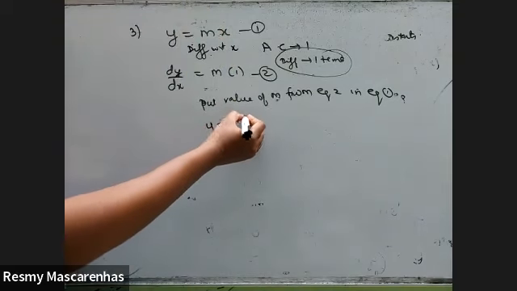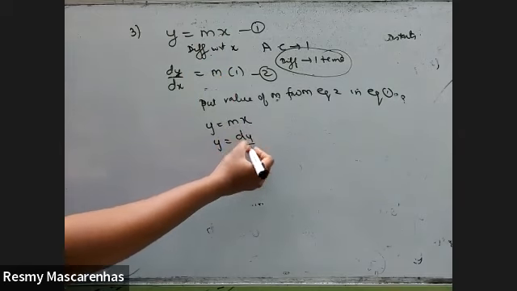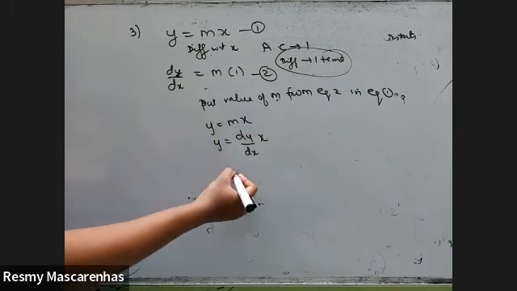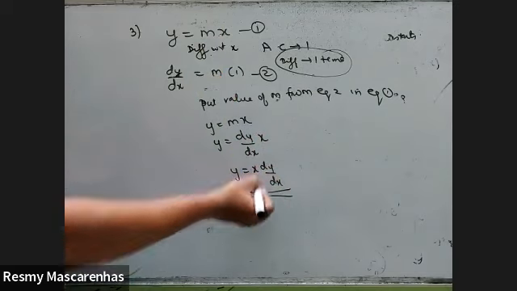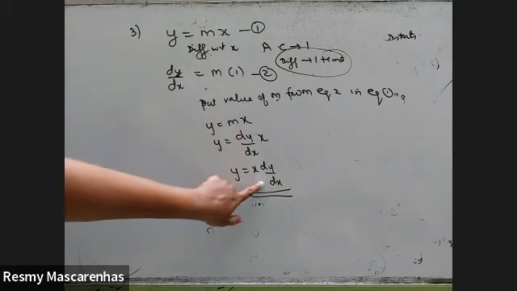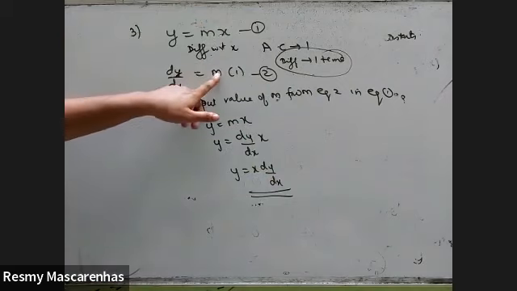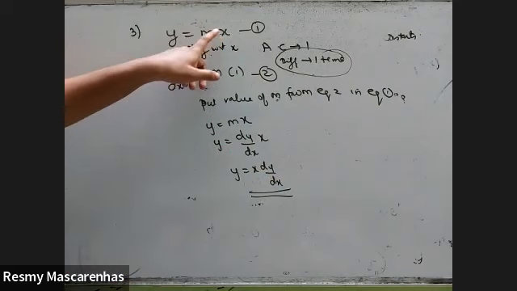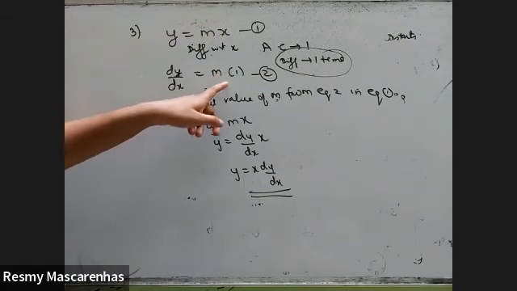So y equals mx, and m is nothing but the answer is x divided by. I just put this value back here so that the final answer does not have m. Or you can use the other way around. Instead of m, I can put, what is the m value? Y upon x. So here I can put y upon x.